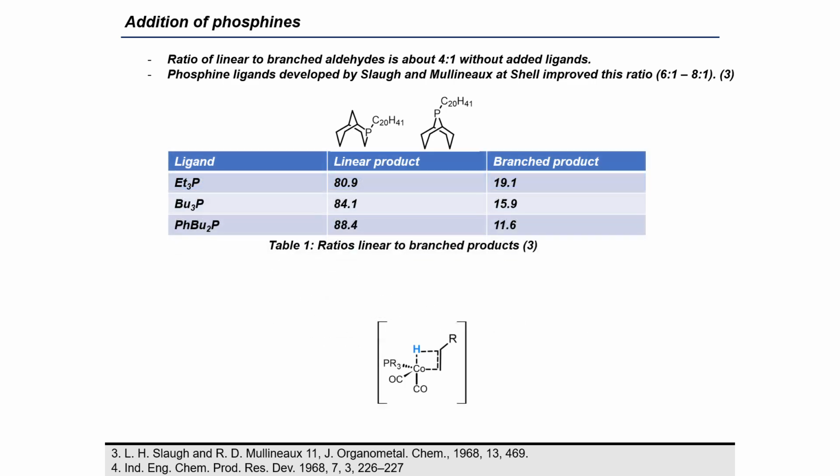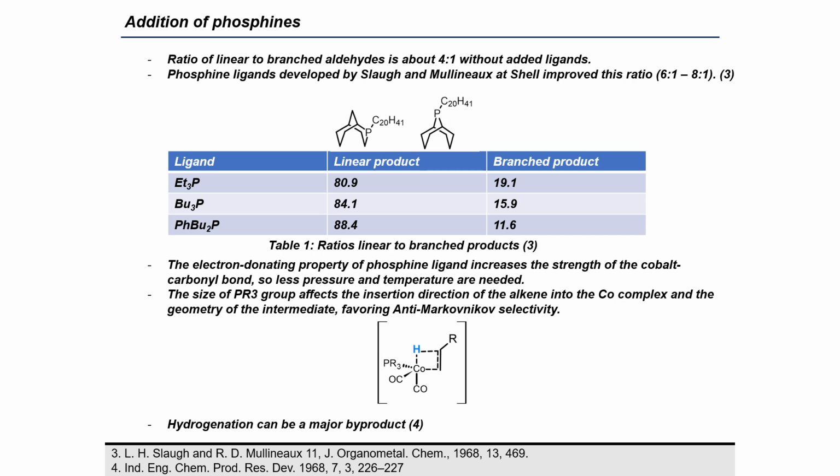This is due to the electron-donating property of the phosphine ligands, increasing the strength of the cobalt carbonyl bond due to back bonding, and that allows milder conditions, especially lower pressure. The size of the phosphine ligands affects the insertion direction of the alkene into the cobalt complex and the geometry of the intermediate, especially favoring the anti-Markovnikov selectivity.